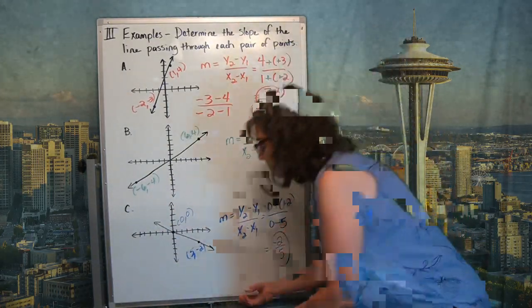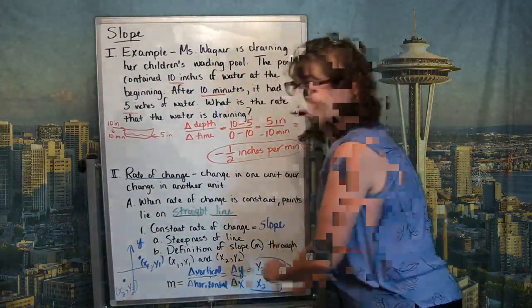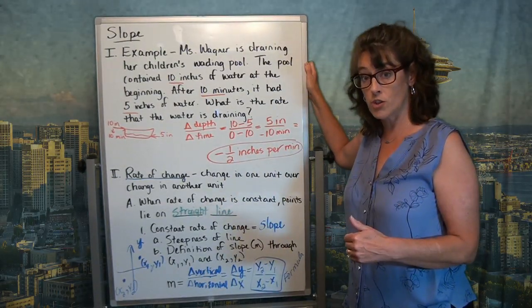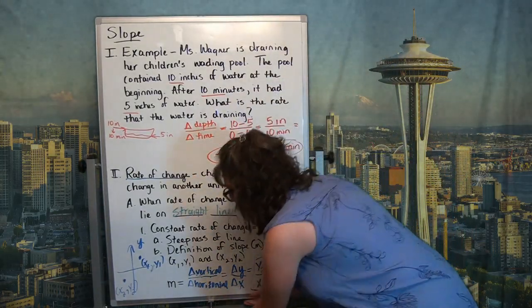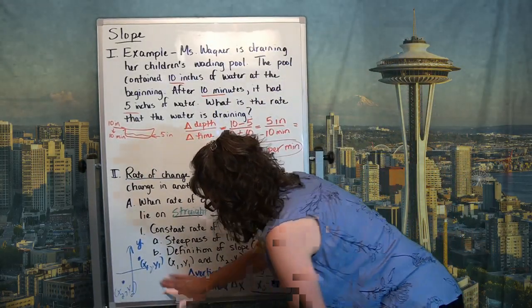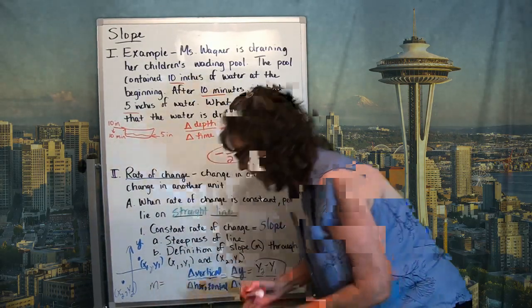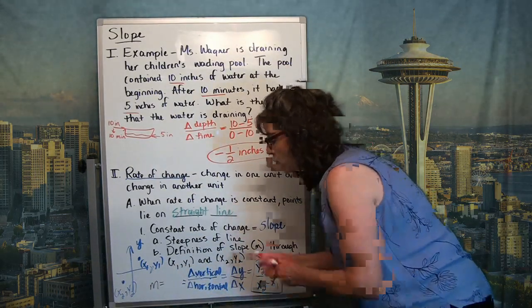Notice that, remember, with that idea of slope, I said that this was going to give me my vertical change over my horizontal change. Vertical change over horizontal change. Well, that vertical change is what we sometimes lovingly call rise.